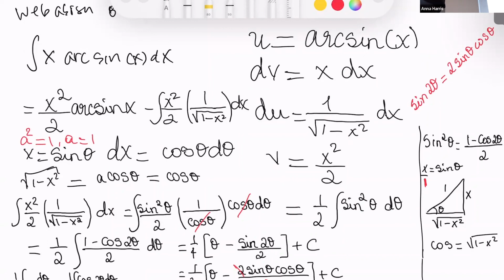Now it's time for you to replace your theta with x. Right here, write down: theta is equal to what? Theta is equal to arcsine of x.